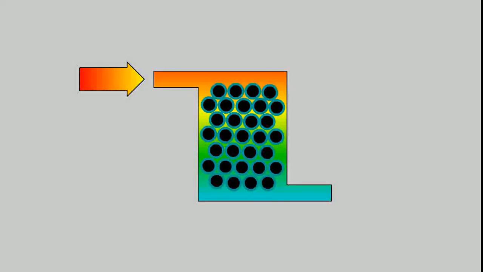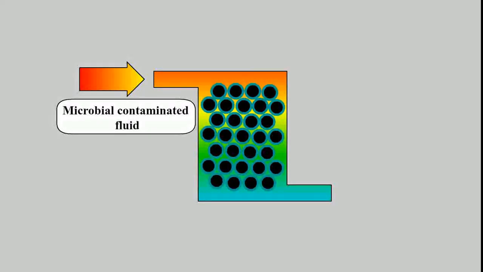And let's assume the entering fluid is contaminated by harmful microbial organisms, and as it passes through the coated particles, the harmful microbial organisms will be exposed to the coatings, and the coatings will act on them, and we can be hopeful that it will kill them.